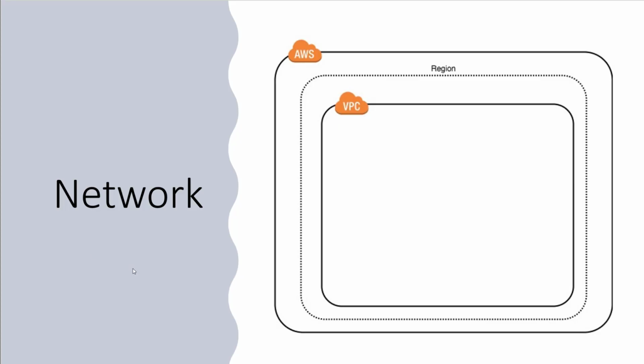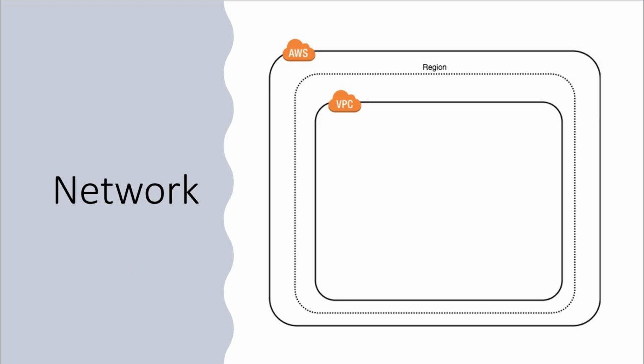Let's continue. After we select the region, now it's time to select your network. Network, or it is better to say virtual network, is the fundamental building block for your private network on cloud service providers.